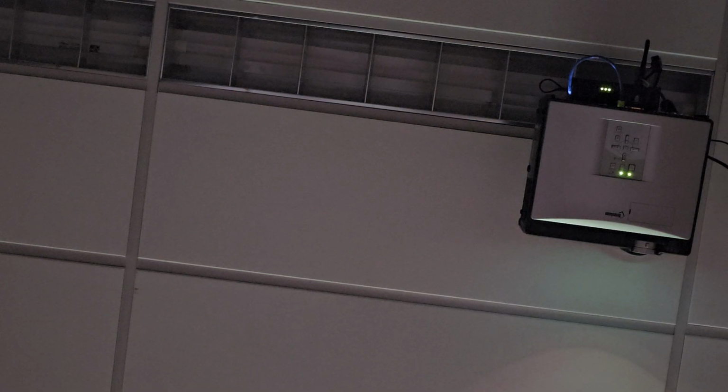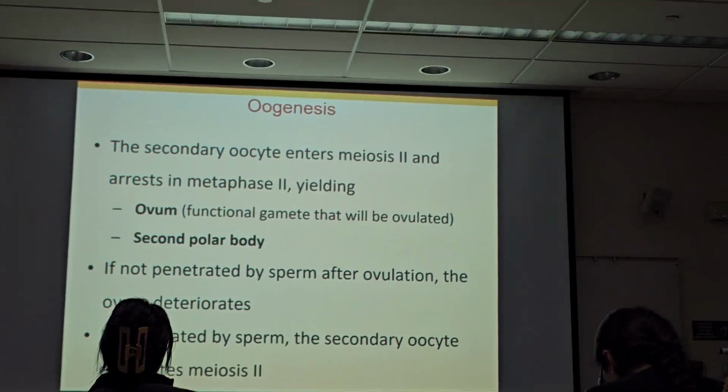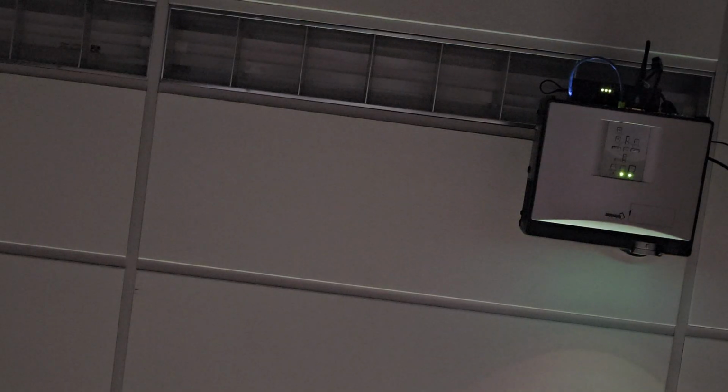So that secondary oocyte is what will continue on into meiosis 2. So we have meiosis 1, that gets stalled after birth, and at puberty continues meiosis 1, and then enters into meiosis 2. And there you'll get a division again that will lead to the egg and a secondary polar body.